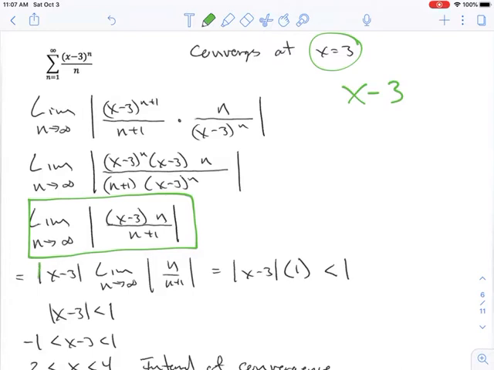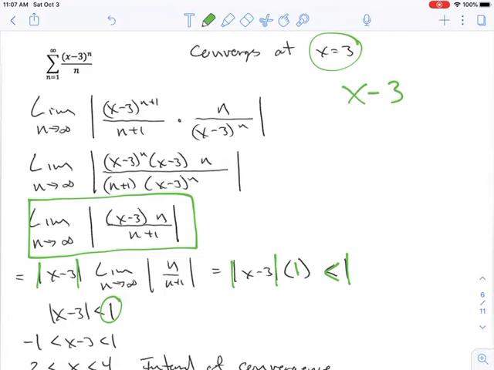And so we have the absolute value of x minus 3 times the limit as n approaches infinity of n over n plus 1, which once again is 1. So we have the absolute value of x minus 3 times 1, and that by the ratio test has to be less than 1 to converge. And so our radius of convergence in this form is 1.